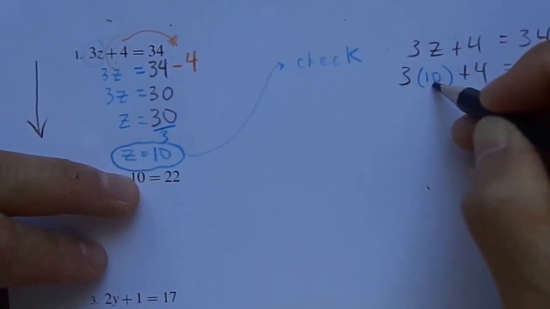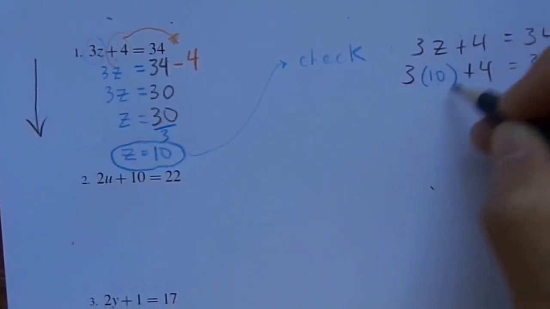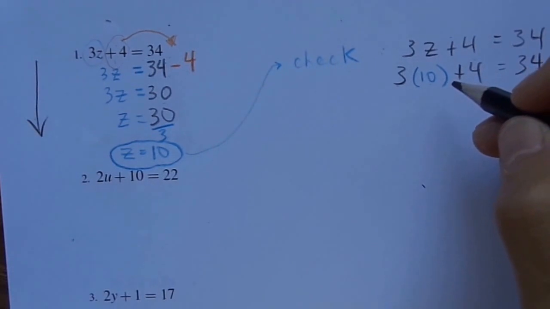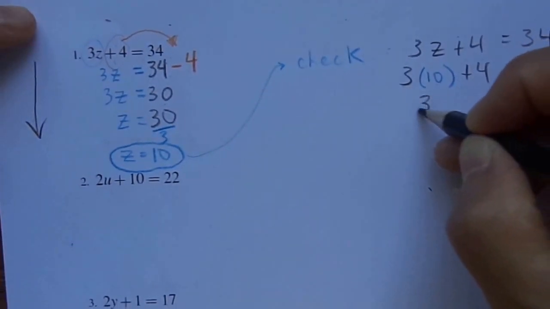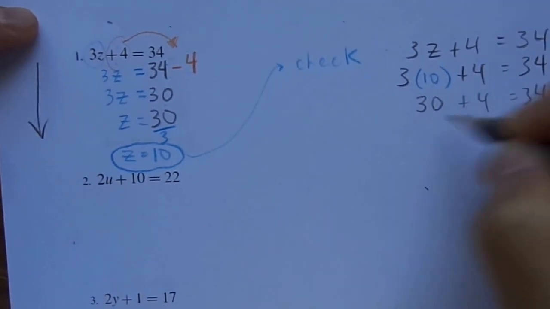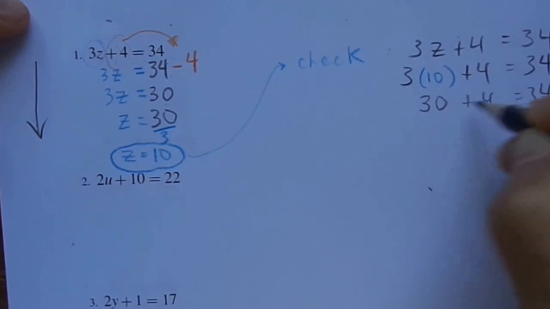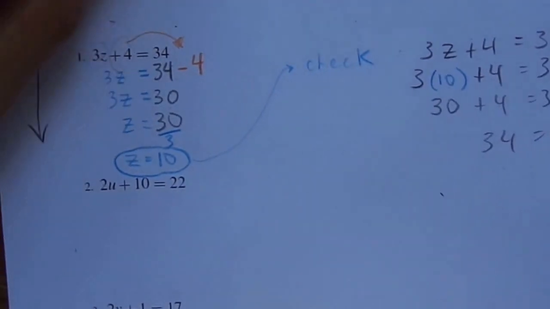Let's see. 3 times 10, BEDMAS: brackets, none. Well, there is a bracket there, but there's nothing going on in there. Exponents, none. Division, none. Multiplication, yes. So let's do multiplication first. 3 times 10 is 30, plus 4. You can clearly see it's true: 30 plus 4, 34 equals 34. Check, we are correct.